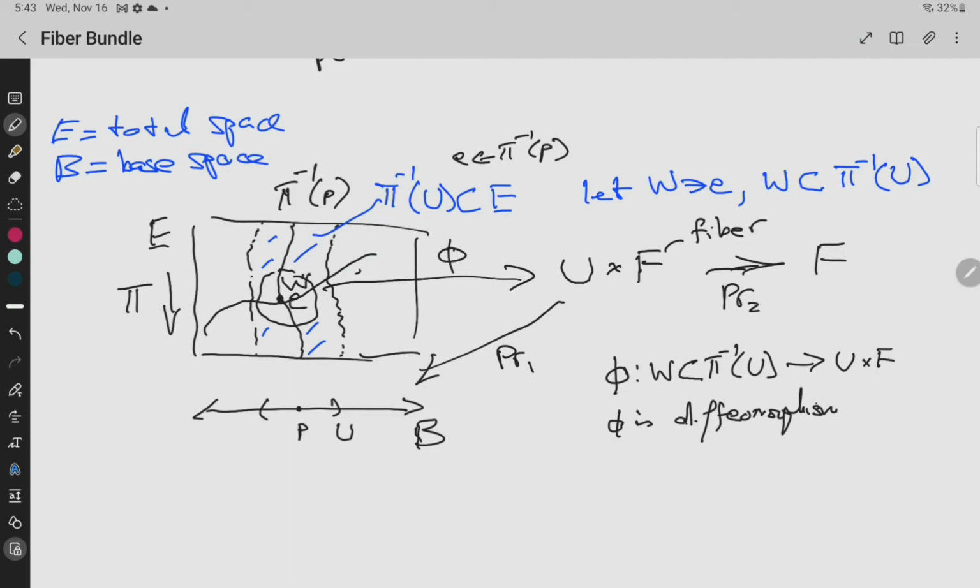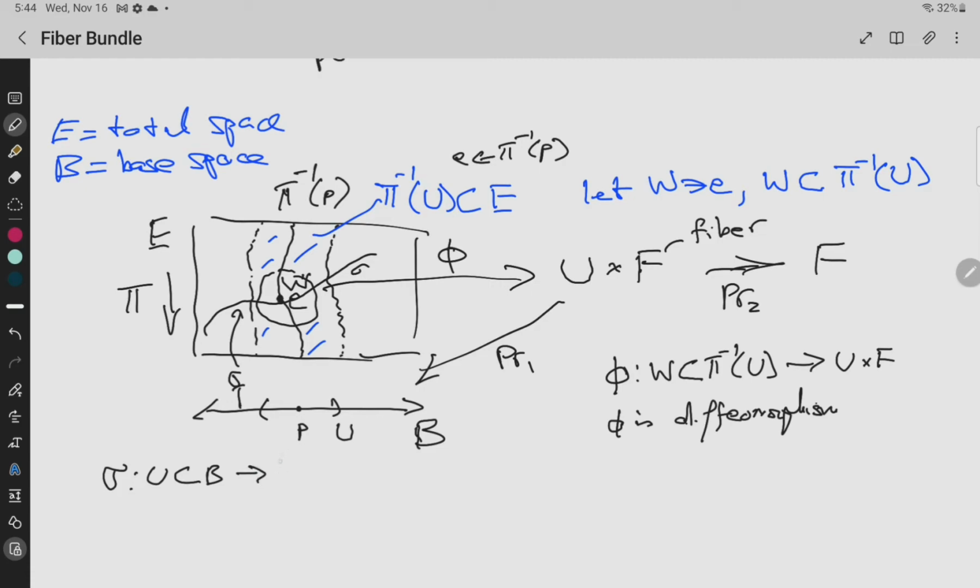And then of course that's the section between the base space and the total space that will cross over that element e, and whenever you have sigma of p, that is going to be equal to e.